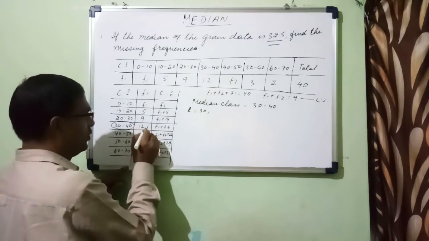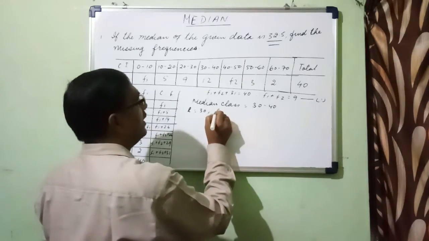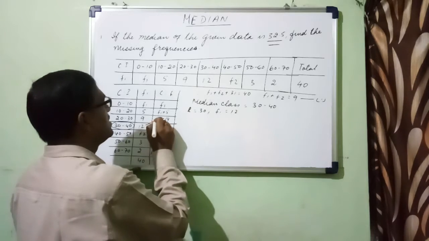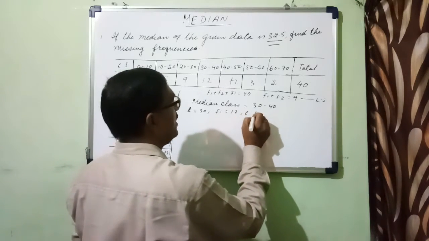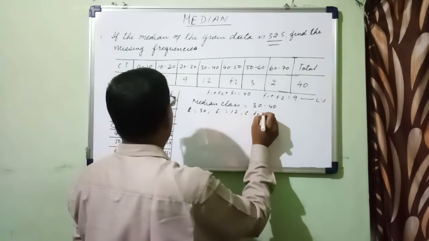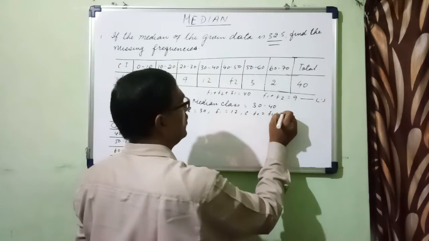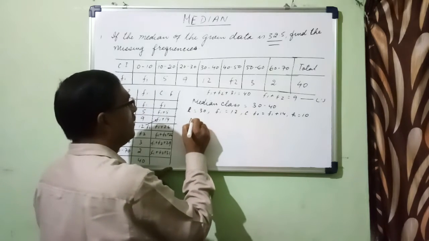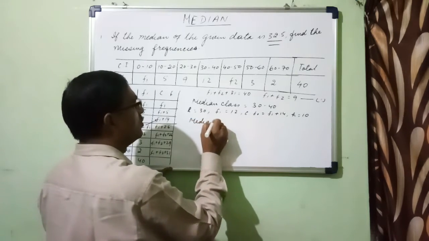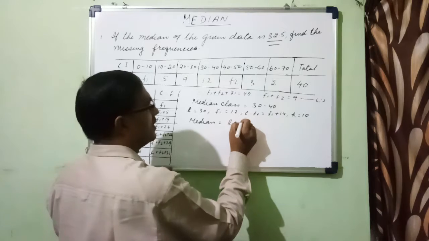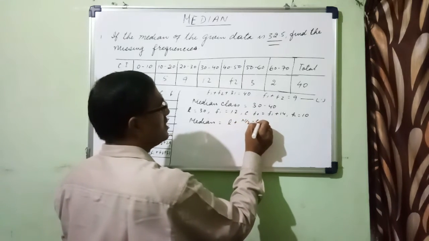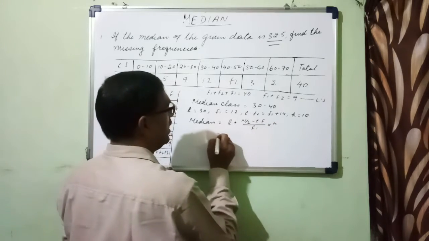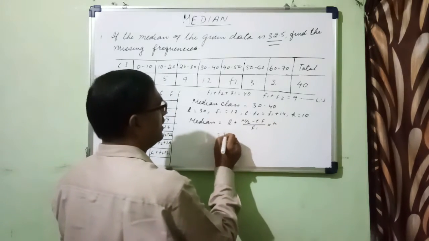Now this is your FI. FI is equal to 12. Then CF is this one, F1 plus 14. H is equal to 10. Apply the formula: median is equal to L plus n by 2 minus CF divided by FI into H. What is your L? 30.